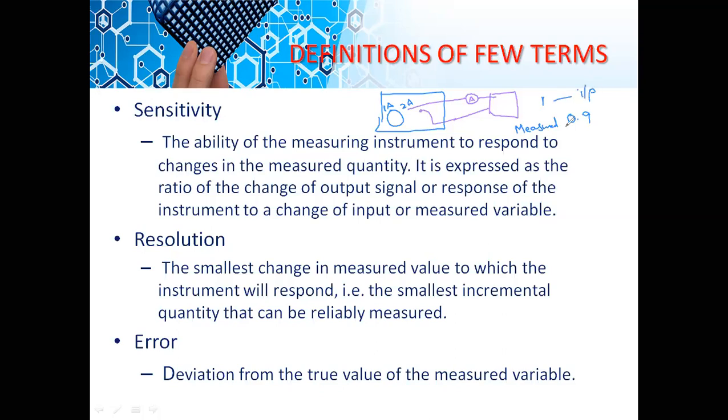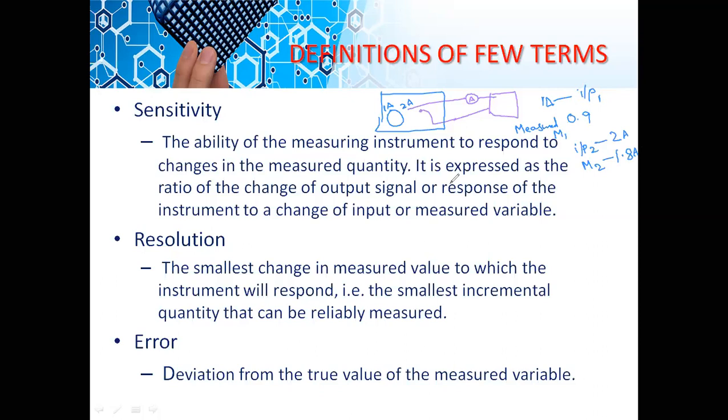Now, after a while, I will increase the current. Say this is input 1, this is measured value M1. And my input is changed to input 2. Say it is 2 ampere now. And when I check the ammeter reading, it is showing say around 1.8 ampere.